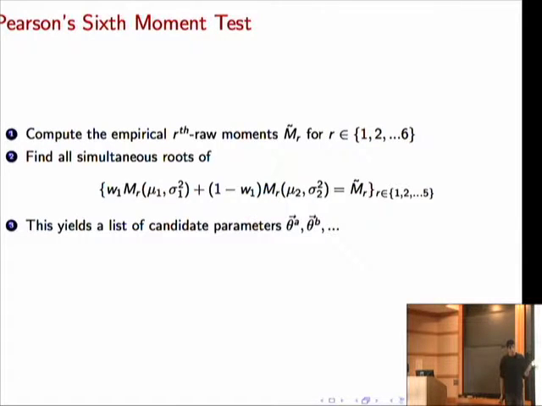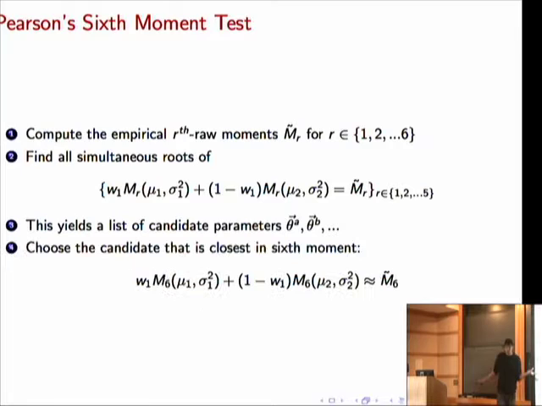But there was still more than one possible set of parameters that could explain the data based on the first 5 moments. So his idea then was to use the 6th moment as a tiebreaker. Each of these candidate sets of parameters yields some analytic prediction for what the 6th moment would be if the parameters actually were according to that set.